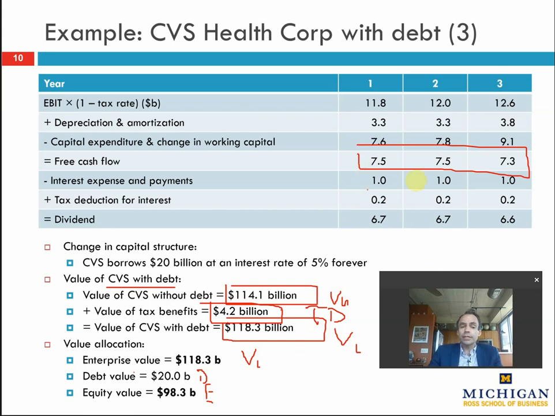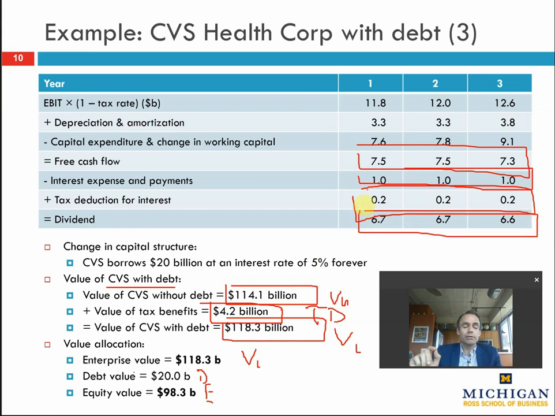Out of the free cash flow, there's going to be interest expense of $1 billion every year. There's going to be a tax deduction on that interest of $0.2 billion. That's going to be cash flow that benefits the shareholders. So what's left over to pay dividends is now going to be $6.7 or $6.6 billion, depending upon the particular year.